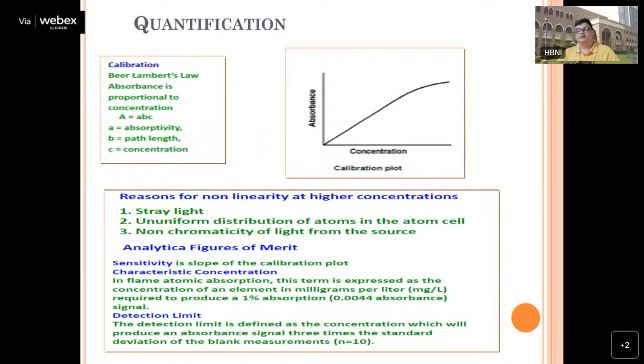Okay, so this is basically how the quantification is done. Since it's an absorption spectroscopy, it follows the Beer-Lambert law.